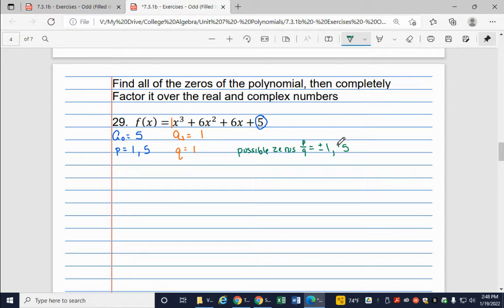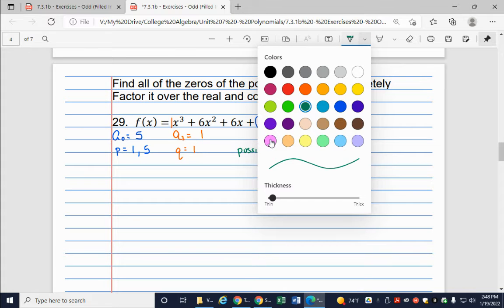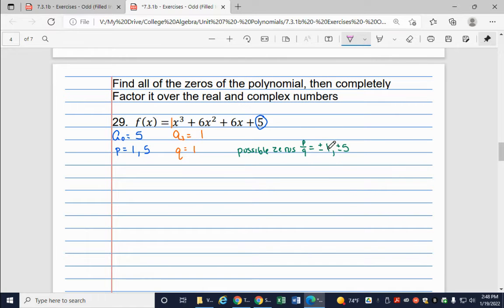Positive, negative, positive, negative. So I have 4 things to try. And what I did yesterday is I just started with the smallest ones and worked our way up.